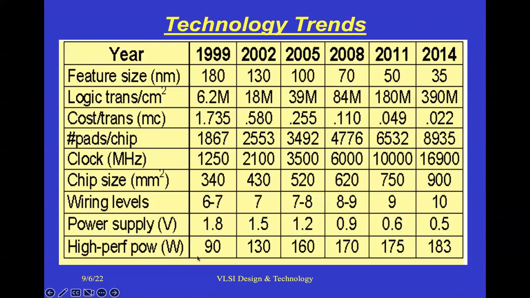So high performance, right? Power is slightly increasing, 175, 183, right? The power requirement. So there is a lot of demand for low power. Okay. So as the power reduces, the heating also reduces. As the heating reduces, the usability of this transistor increases.